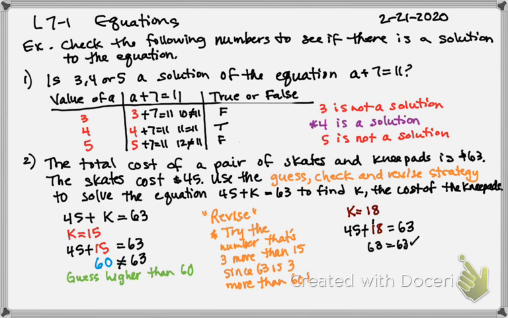So we get 63, the correct answer. So our conclusion would be the knee pads cost, not 63, remember the number we substituted in, $18. So this is what I call intelligent guessing and checking.